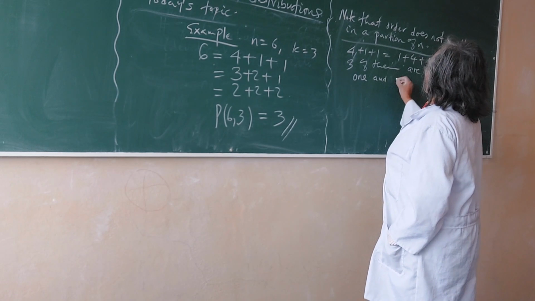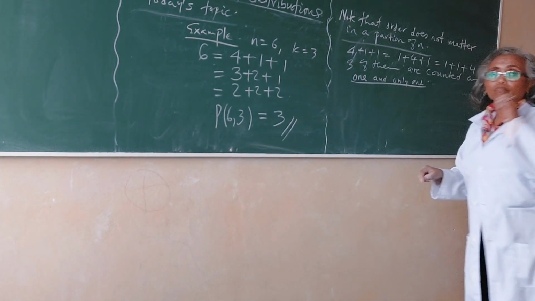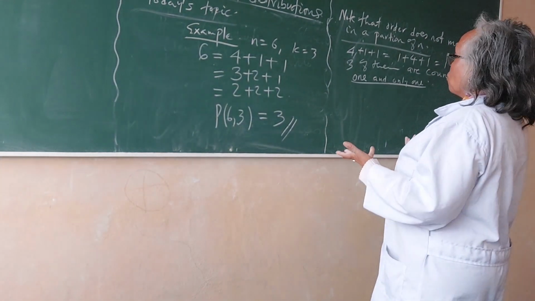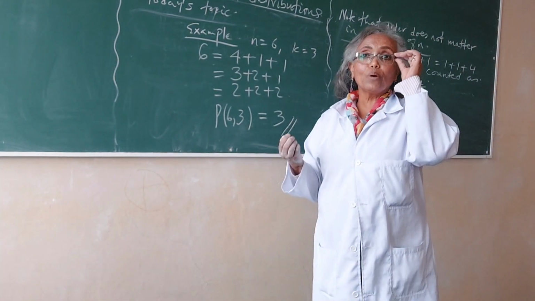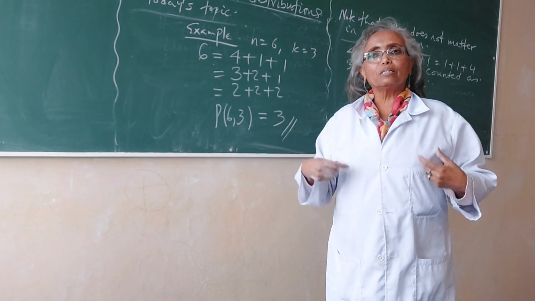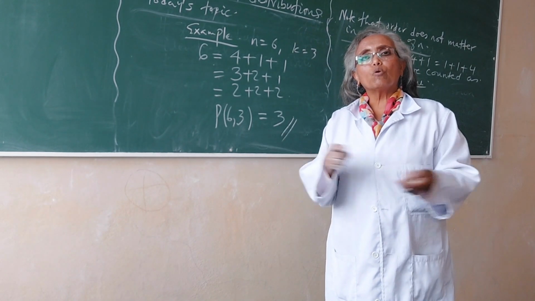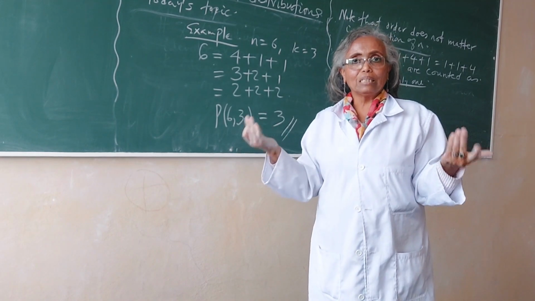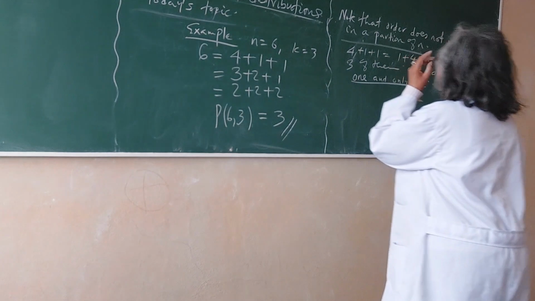And only 1. Okay? They are not 3, they are 1. That's what I mean. So you see, this gets along with the fact that in our distribution, the k boxes are identical. Order does not matter. Which part goes to which box doesn't matter.